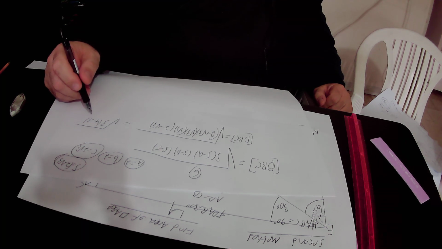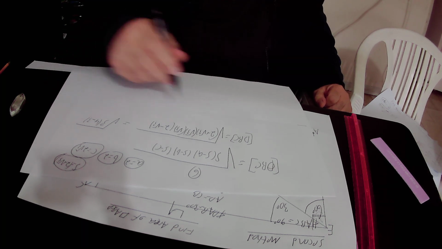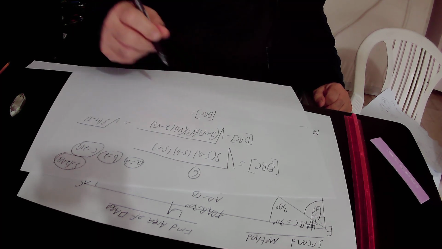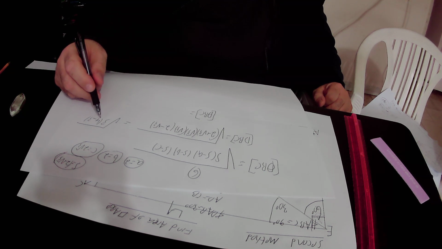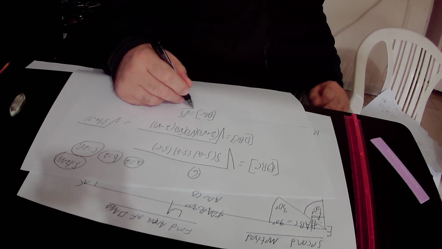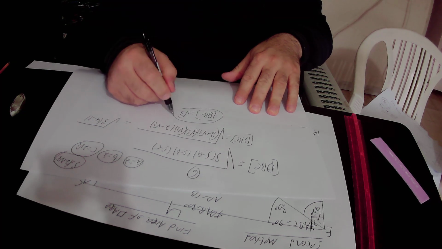So in conclusion we got that the area of triangle DBC is equal to square root of 3, because 4 minus 3 is 1, and 3 times 1 is 3. So the area of triangle DBC equals square root of 3 square units.